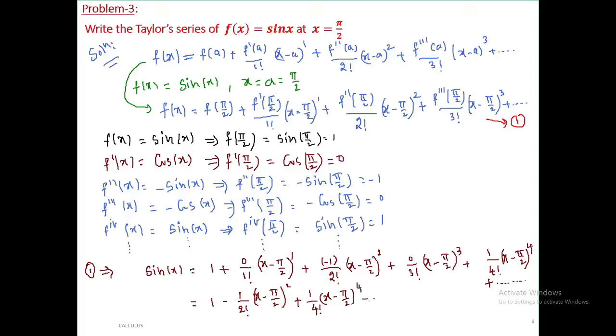Next term is minus, and so on, dot dot dot. So this is the Taylor series of sin x at the point pi by 2. That's it. If you change the point, instead of x is pi by 2, you can write x is pi by 4, also x is 1, also x is 2, your wish. At all the points we can write it.